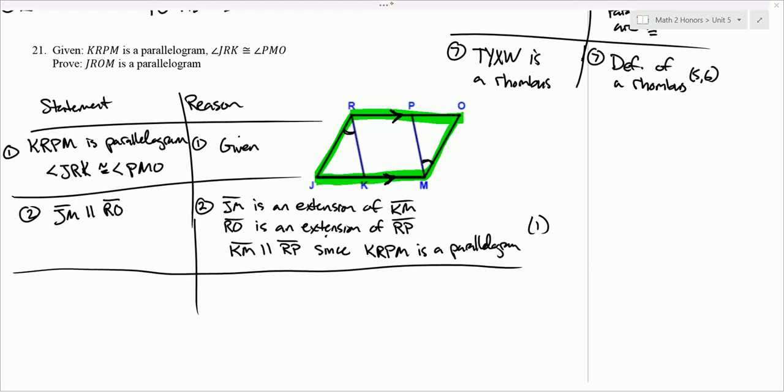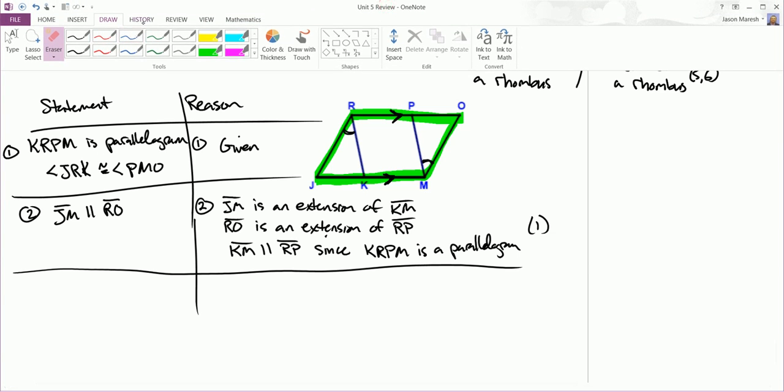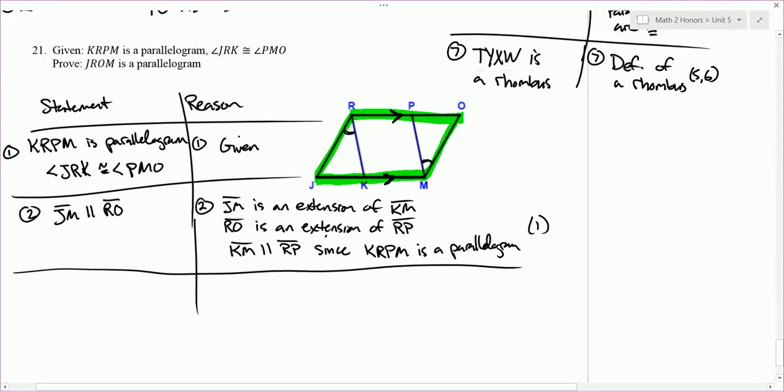To do that, what I'm going to focus on trying is to show that the left triangle is congruent to the right triangle. So we know that RK and PM are congruent, and the reason is opposite sides of parallelograms are congruent.